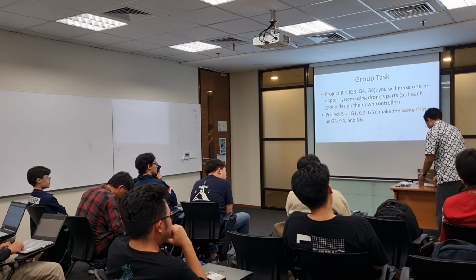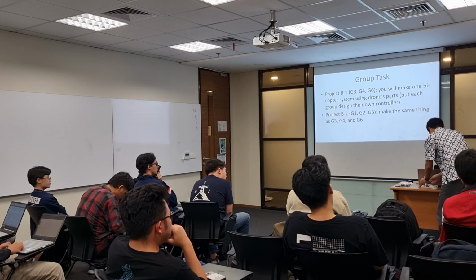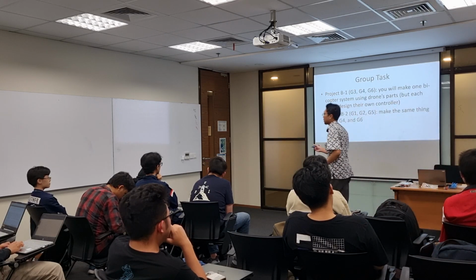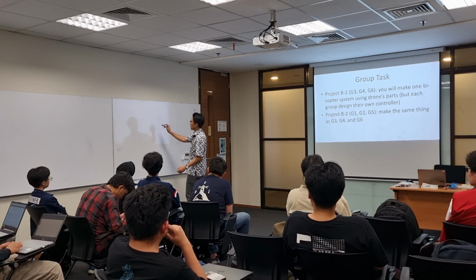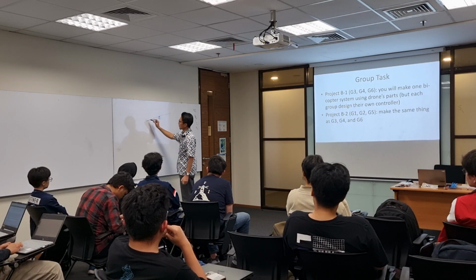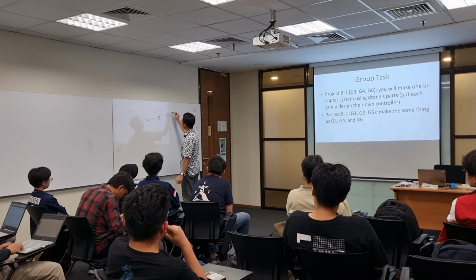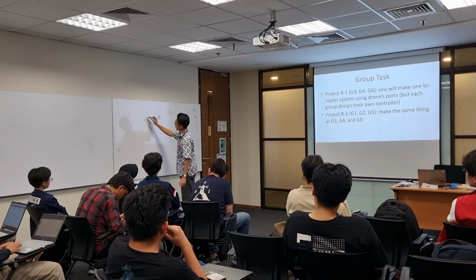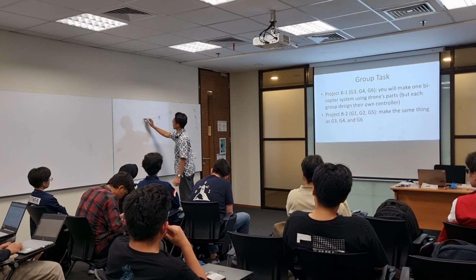So it will have a pivot in the middle. It's going to look like this. You have your pivot here, this is your motor, and then you have your propeller here, and the propeller over there.